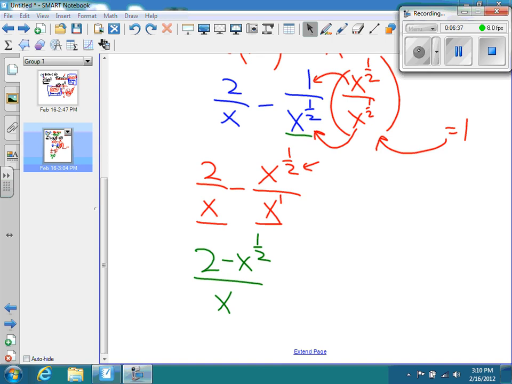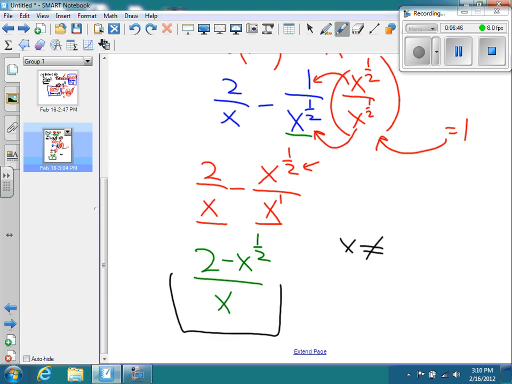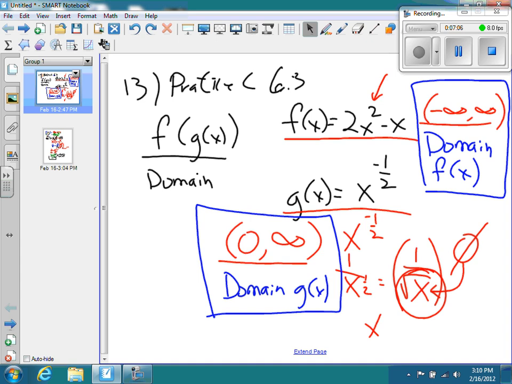I need to find my domain by looking at my composition function right here. And my composition function tells me that x cannot be equal to 0, because otherwise it will be undefined. And it's also telling me that x has to be greater than 0, because I can't have the square root of a negative number. And not surprisingly, I can go back to my original two functions, and I can find that this is the domain of my g of x, which is the most restrictive of the domains of the two, because my domain of f of x was all real numbers.